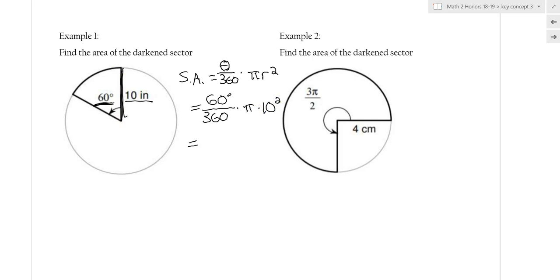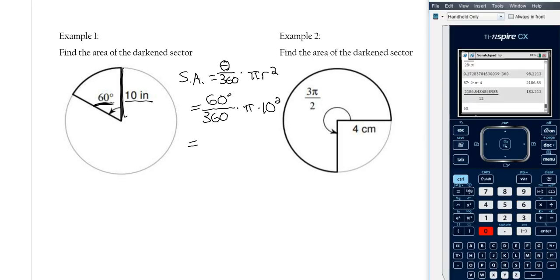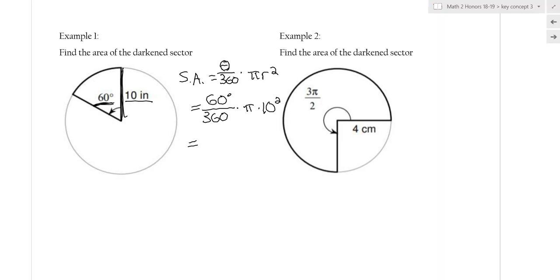I'm just going to type all that in my calculator at the same time except the pi, because we want these as an exact answer. And we get 50 over 3. So 50 pi over 3, and this is in inches. So arc length and sector area, solving for them is the same.